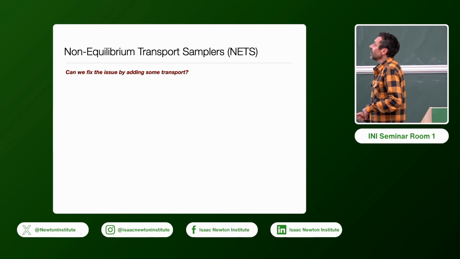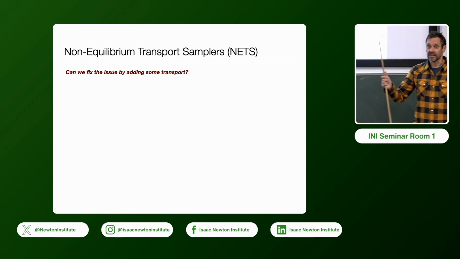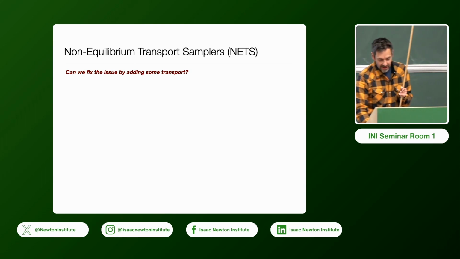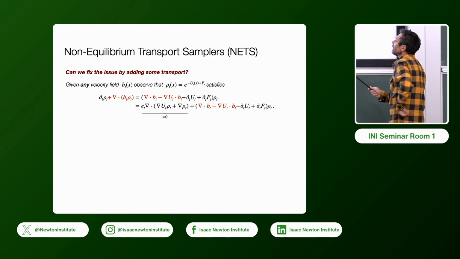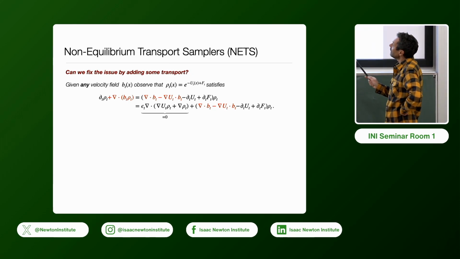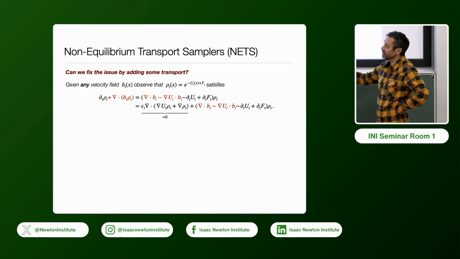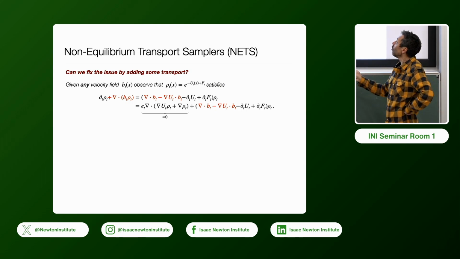Okay, so the obvious question is, can we fix this issue by adding some transport? And well, you can, with again the same little manipulation. Suppose that I add a transport term. So again, I'm looking at the evolution equation for the PDF. Remember that this is the evolution equation. Again, I know what the PDF is.